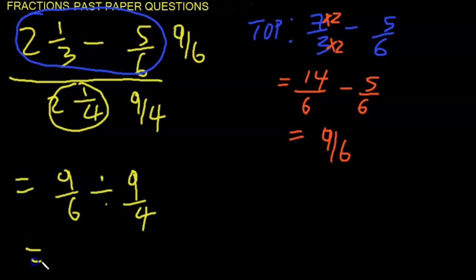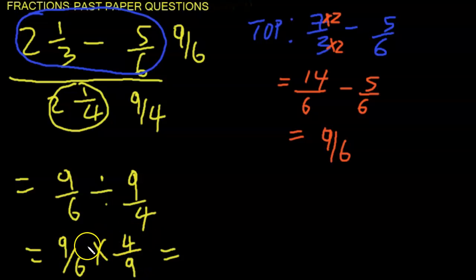When we divide fractions, we can always change the division to a multiplication sign and invert the fraction on the right hand side. Most of you will recognize that this 9 can divide by this 9, and 4 and 6 can both be divided by 2. So if you look and see, the answer would be 2/3.